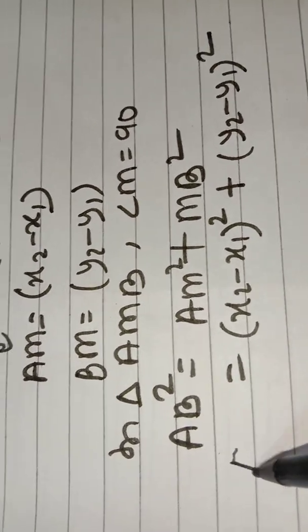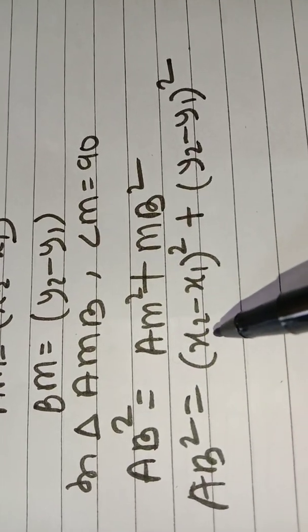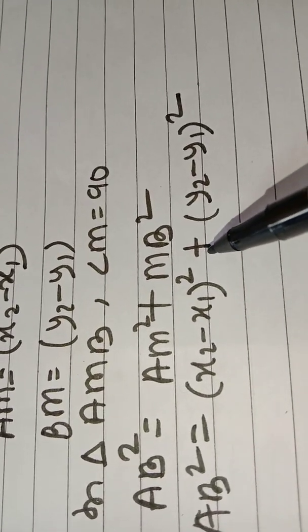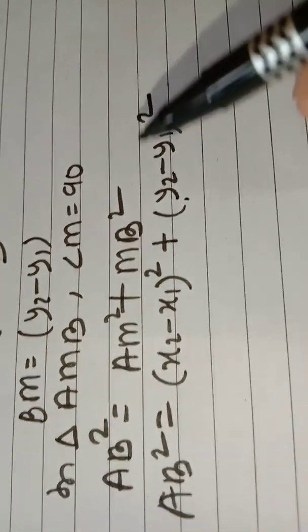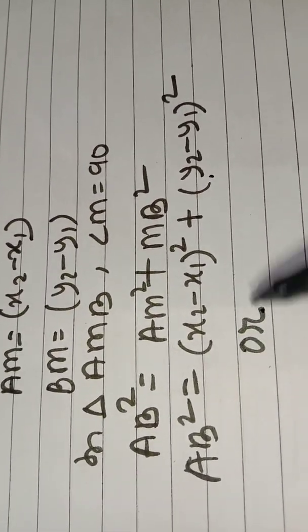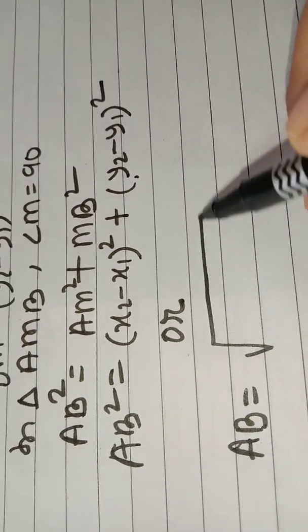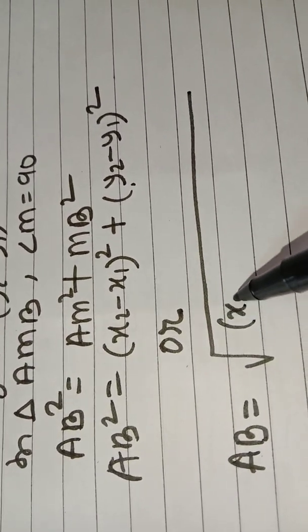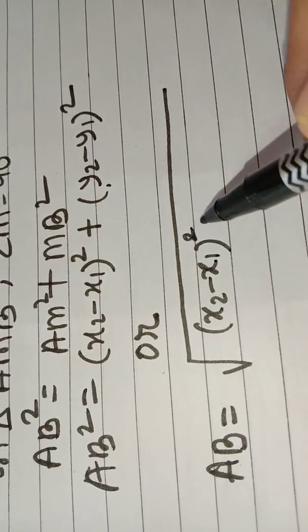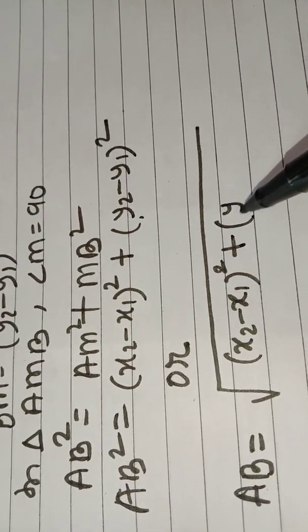So this is the distance of A to B. It is given as AB square is equal to x2 minus x1 whole square plus y2 minus y1 whole square, or it can also be written as AB is equal to under root of x2 minus x1 whole square plus y2 minus y1 whole square.